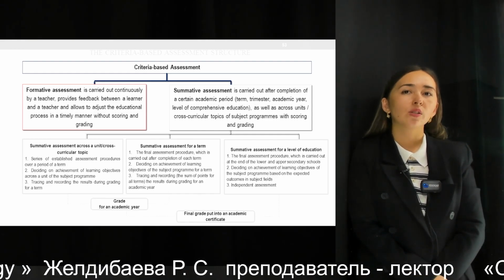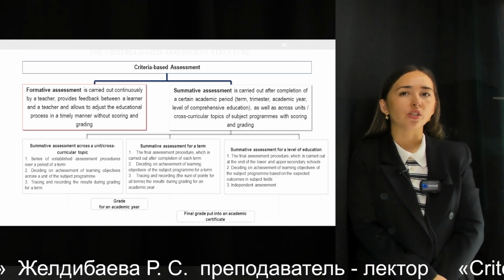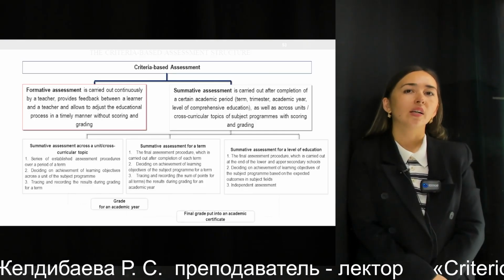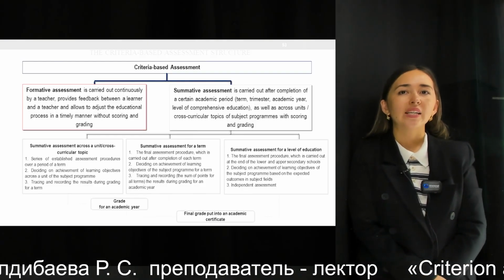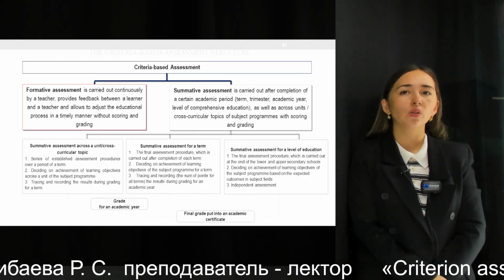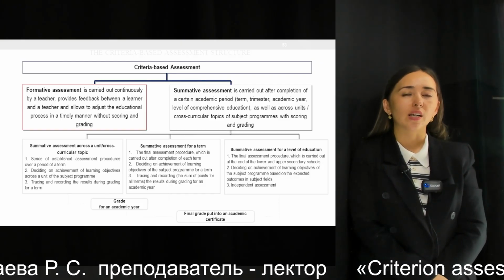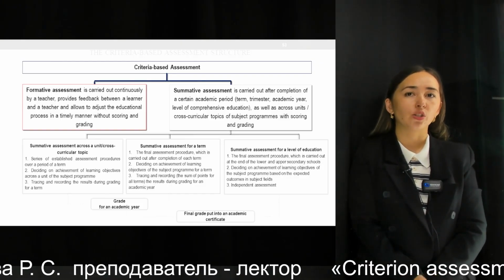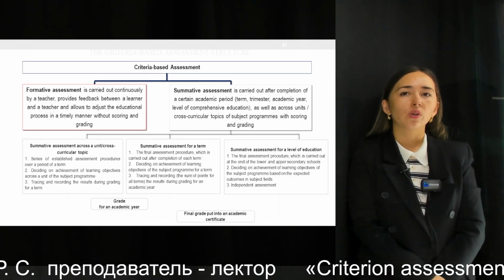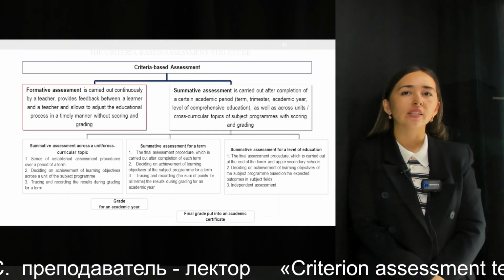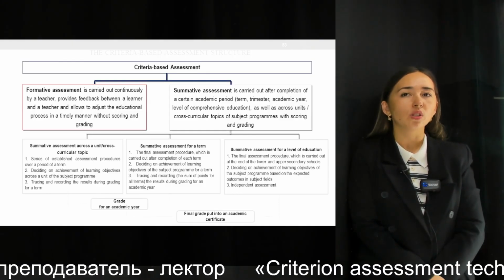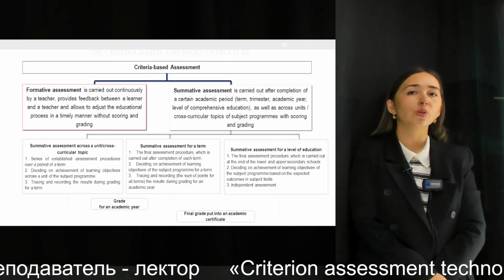Summative assessment for a term is the final assessment procedure which is carried out after completion of each term, deciding on achievement of learning objectives of the subject program for a term. And of course, it is tracing and recording the sum of points for all terms, the result during the grading for an academic year.